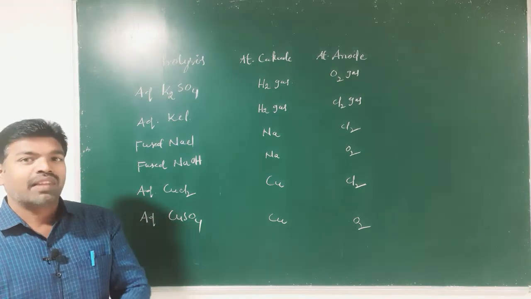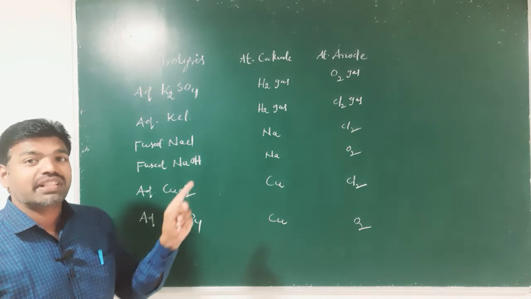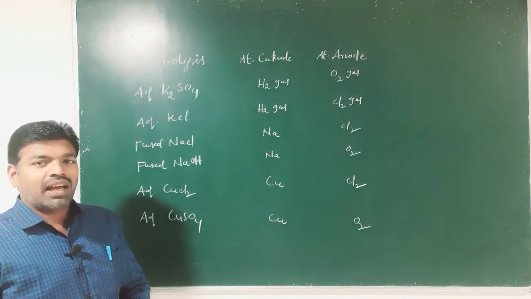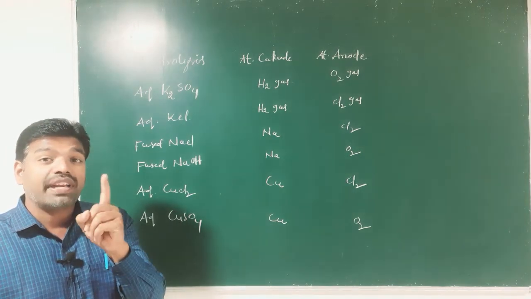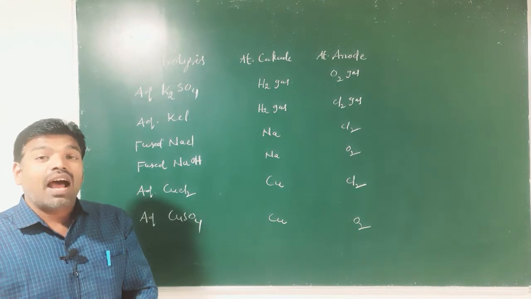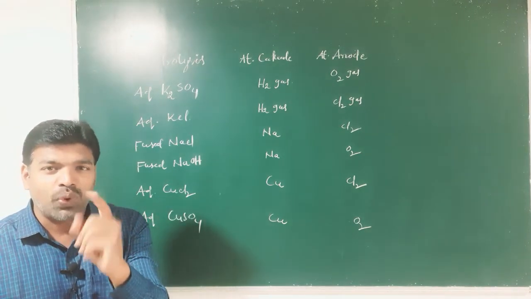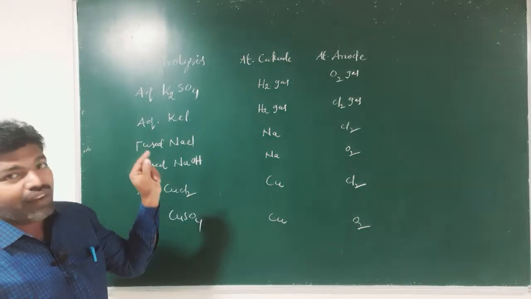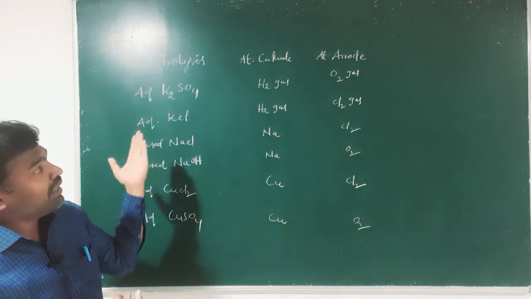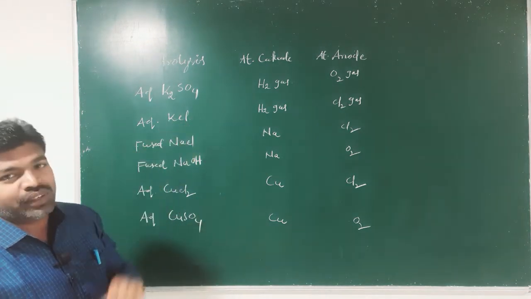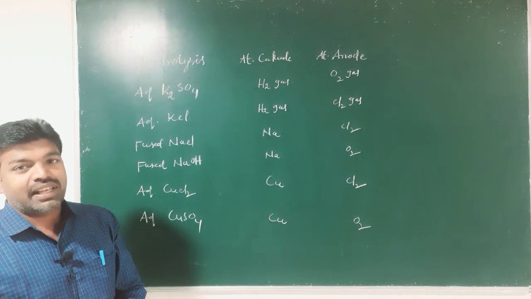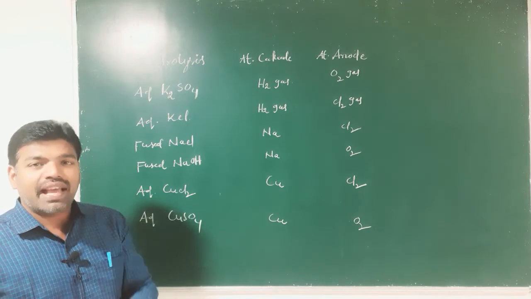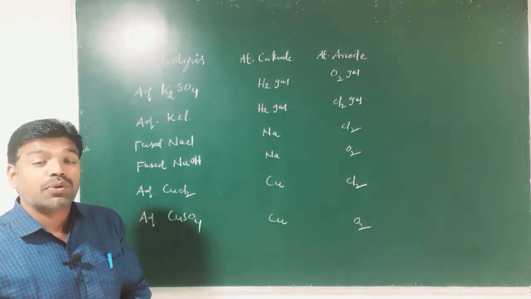There is a rule for writing the products, the substances liberated or deposited at the cathode and anode, when we electrolyze a chemical substance.